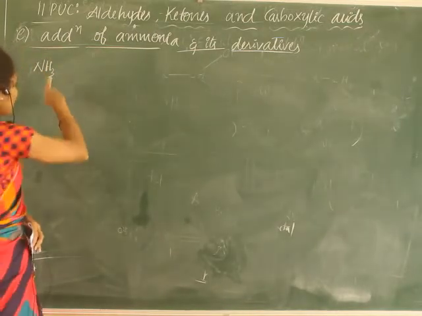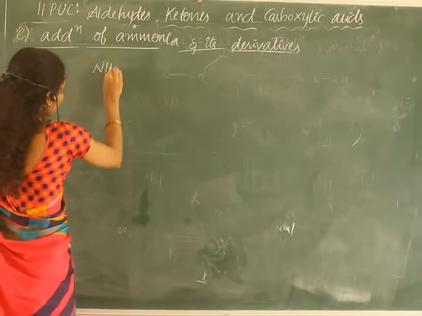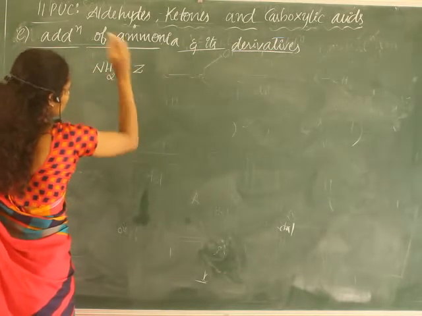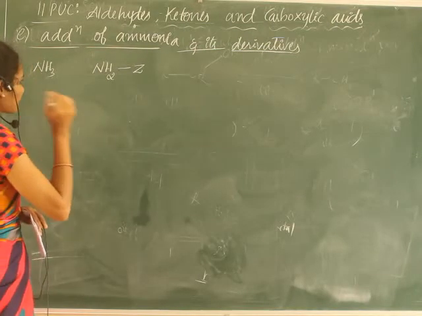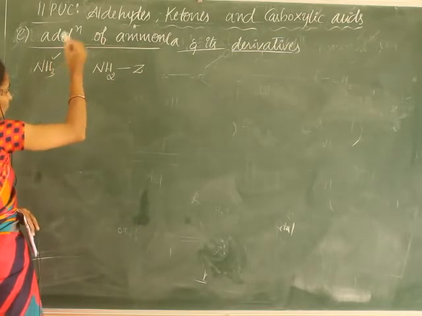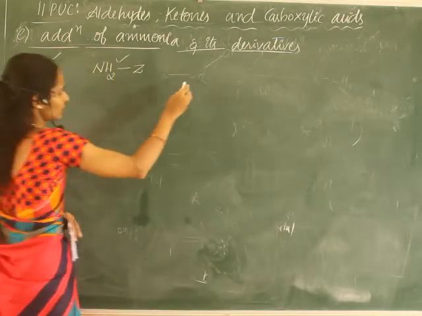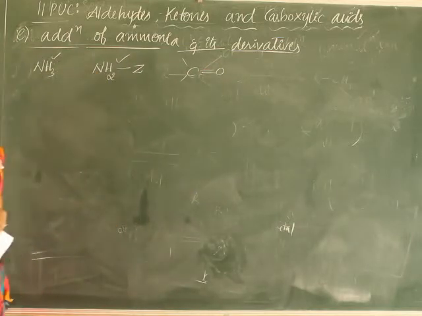Here ammonia is there. I will replace one hydrogen by Z. Z is a substituent. I will tell about this. Addition of ammonia or its derivatives to carbonyl compound, what will we get?